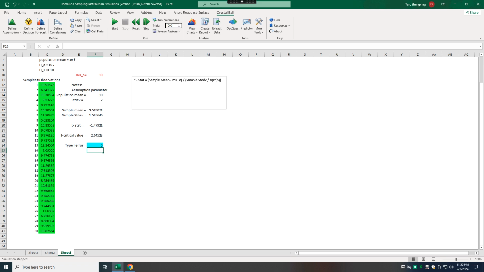That means it will simulate 1,000 times for the 30 observations. Let's see in the 1,000 rounds how many times the type 1 error will occur or not occur. Let's start it.